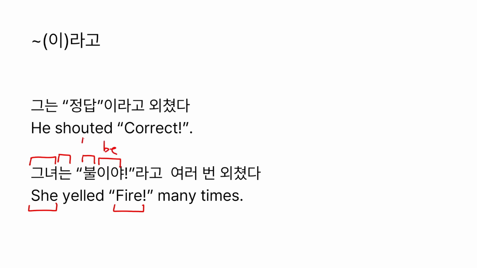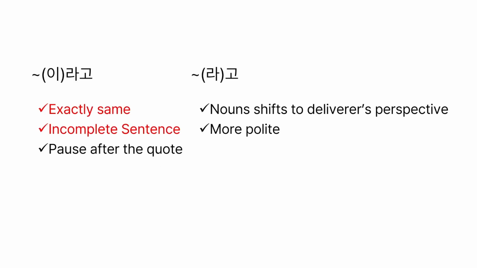So 불이야 actually means fire, and 라고 is the quotative case particle which is not in the English translation. And 여러 means many, and 번 means times, and 외쳤다 means yelled. So when you make an incomplete sentence into a quotation, like phrase or word, you have to use something이라고, not something라고.